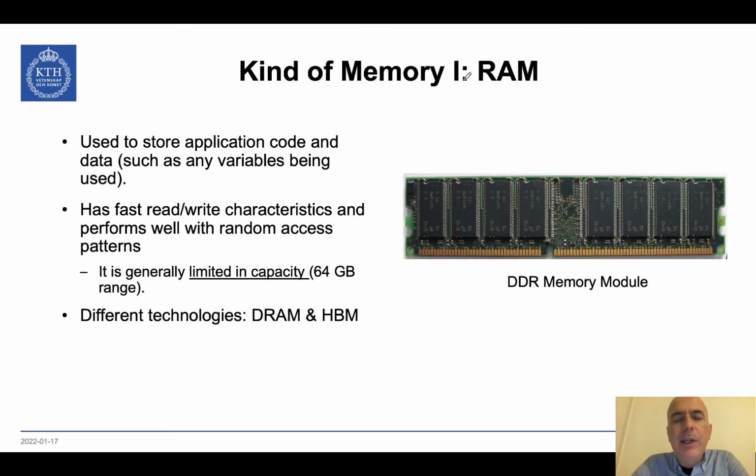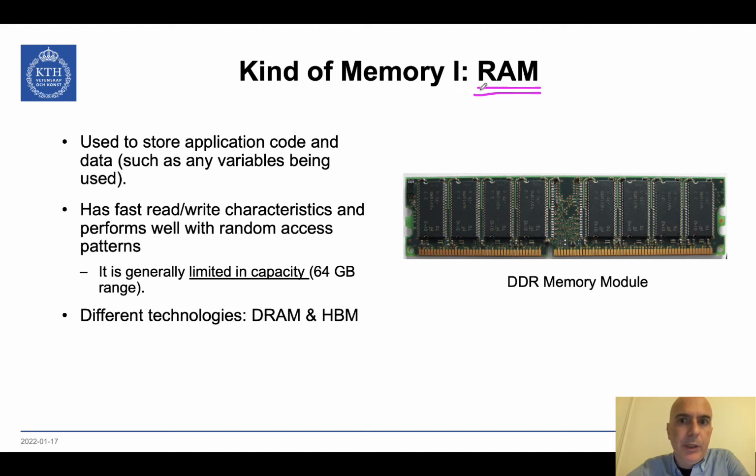Now I want to describe different kinds of memories and their technologies when we talk about computer systems. Probably the most famous memory technology is the main memory on the computer. This is called RAM, that stands for random access memory, and it is used to store application code and data.